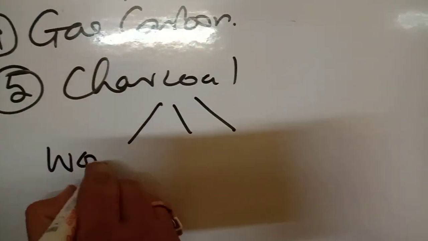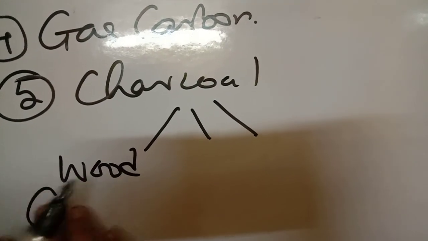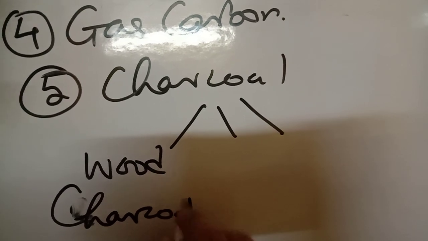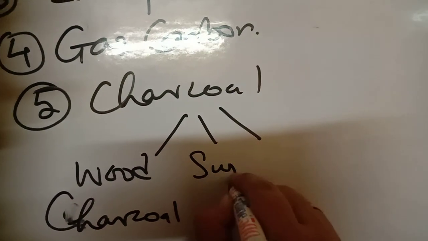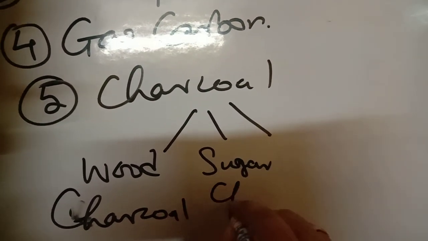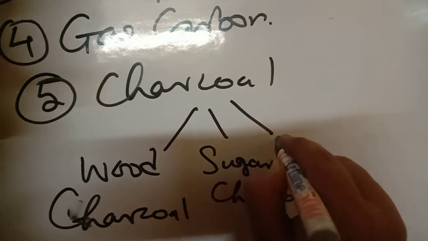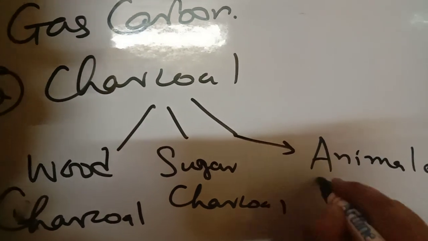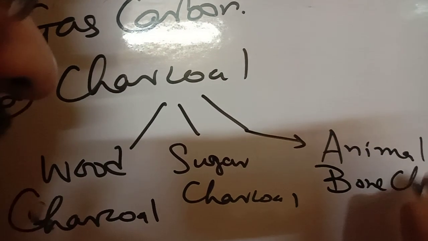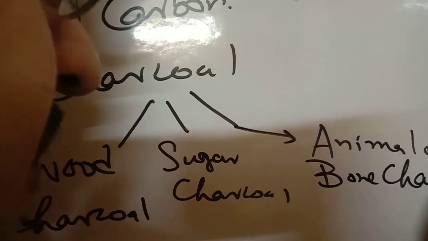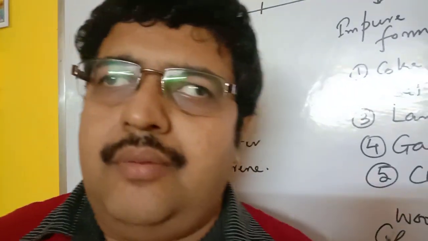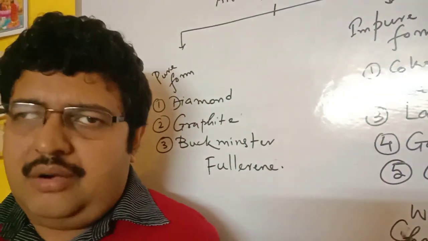First is called wood charcoal, then comes sugar charcoal, the third one is called animal or bone charcoal. So these are the various allotropic modifications of carbon.